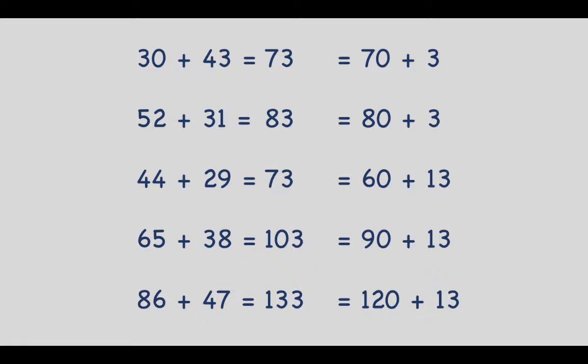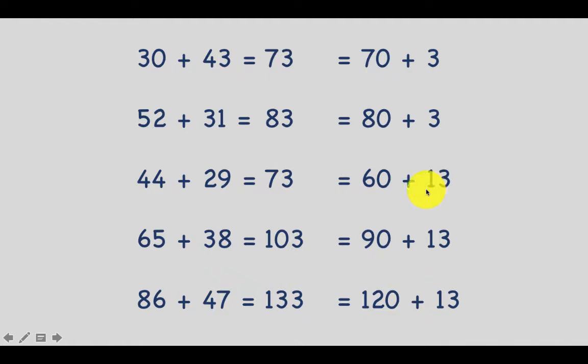A common error that students make with these types of strings and sprints is unitizing when it is not necessary or failing to unitize when it is necessary. For example, 40 plus 20 equals 60, and 4 plus 9 equals 13.